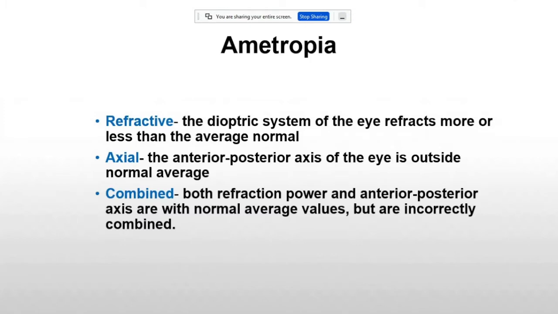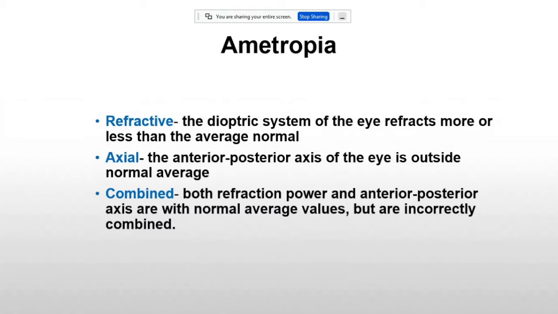Ametropia can be axial. The cornea might have the normal average of 43 diopters, but we can have a longer anterior-posterior axis. So normal refraction but a longer eye, and the focus goes in front of the retina. Or normal refraction power but a shorter eye, so the focus comes behind the retina.